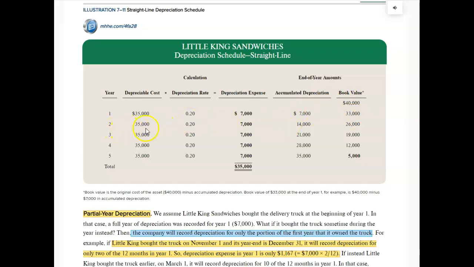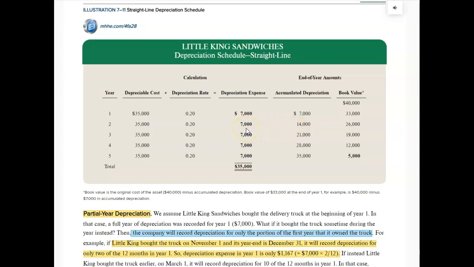Second year, same calculation, same depreciation expense. It'll be the same each year. At the end of this year, after the adjusting entry, the accumulated depreciation account will have a balance of $14,000. This is not saying here that we're going to credit accumulated depreciation $14,000. Here's the number for the entry.